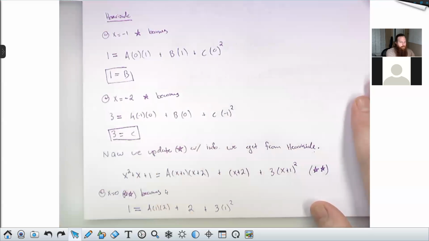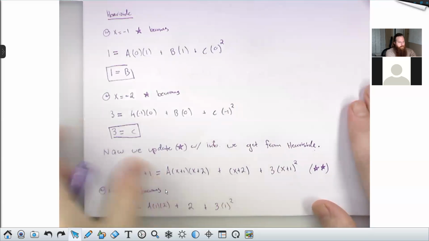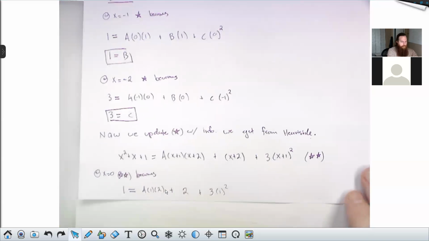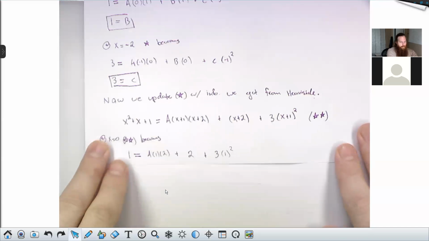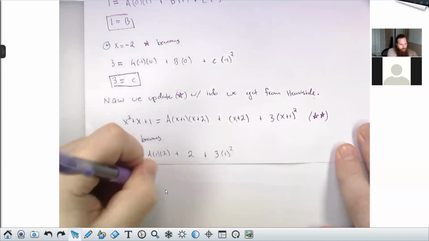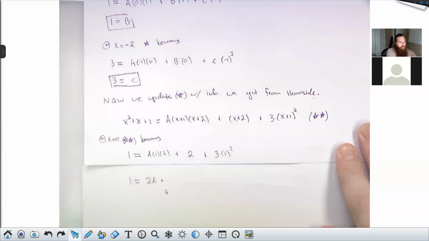Since we've already figured out the coefficients b and c, this expression has only a's, which means I can solve it for a. So let's simplify. This is the same as saying 1 equals 2a plus what?